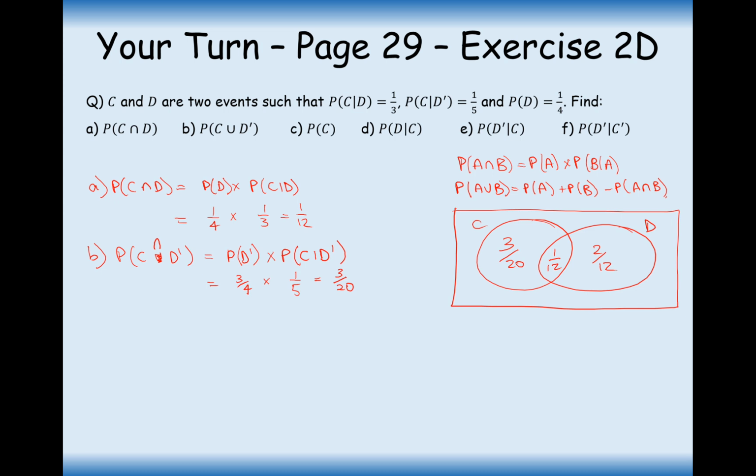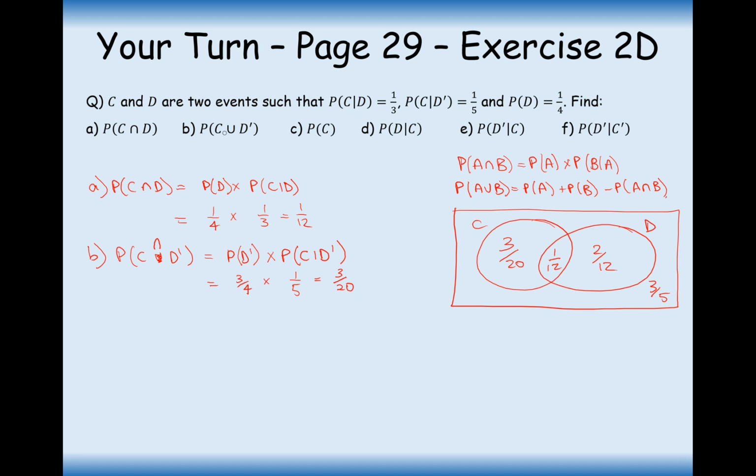I can do 3 divided by 20 plus 1/4, and that gives me 2/5, so outside here is going to be 3/5. Great, so I've now created my Venn diagram and I can answer whatever question I want to.